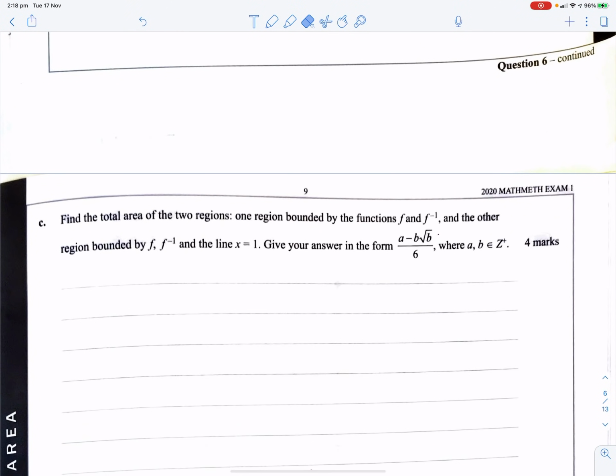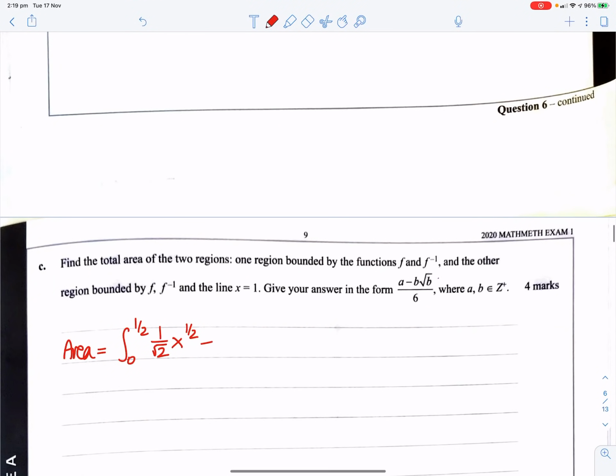So our area is from 0 to a half of one on root 2 x to the half minus 2x squared dx, plus from a half to 1 of 2x squared minus 1 on root 2x dx.